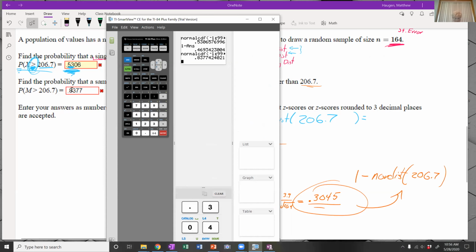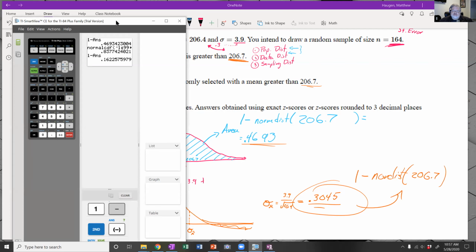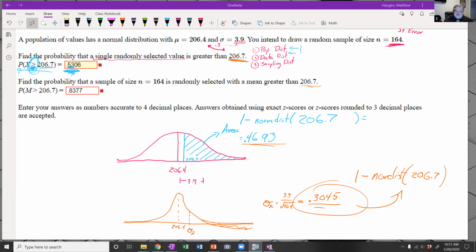And again, Tessa, that's the answer you have here, but that's for the lower section. 1 minus that answer is the upper section. Tessa, it sounds like you were handling that problem really well, you just missed that it wants above instead of below. Okay.